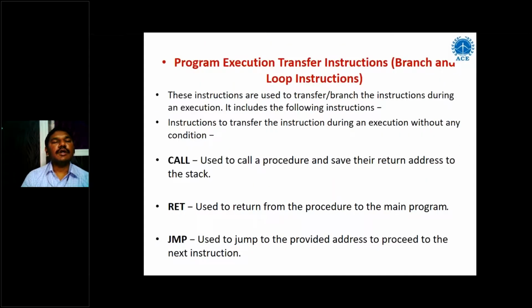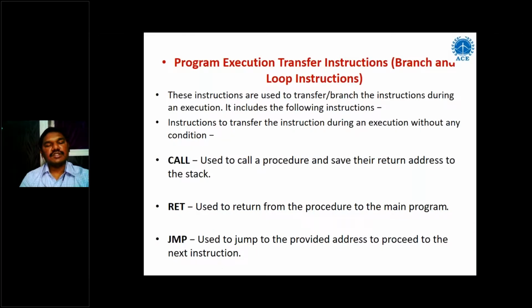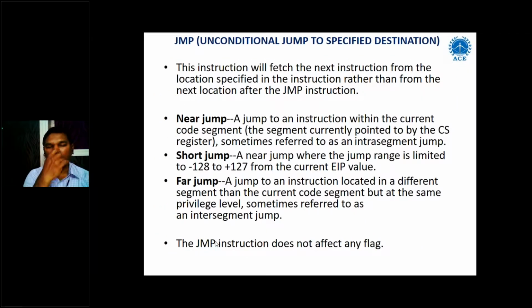In these program execution transfer instructions, the JMP instruction is used to jump to the provided address to proceed to the next instruction. Here you see there are three types of jump: near jump, short jump, and far jump.